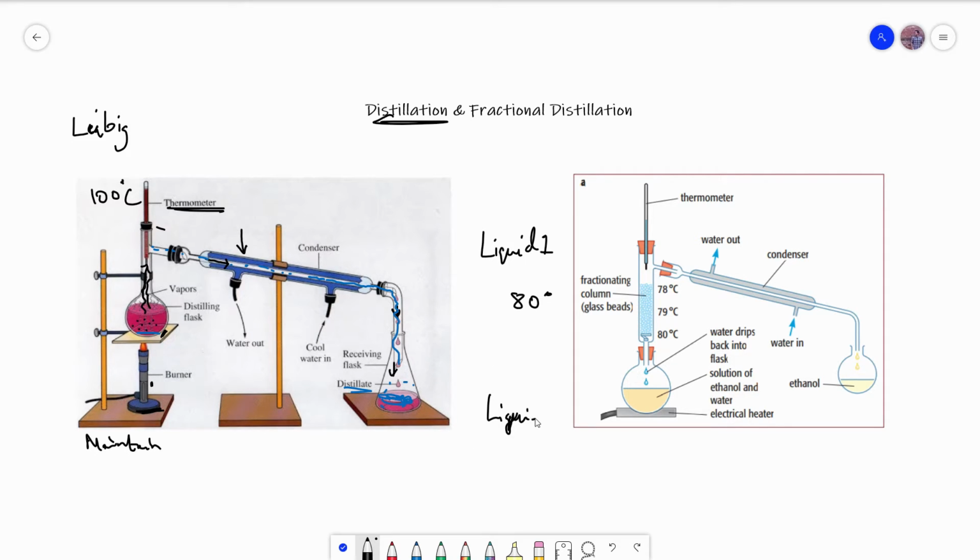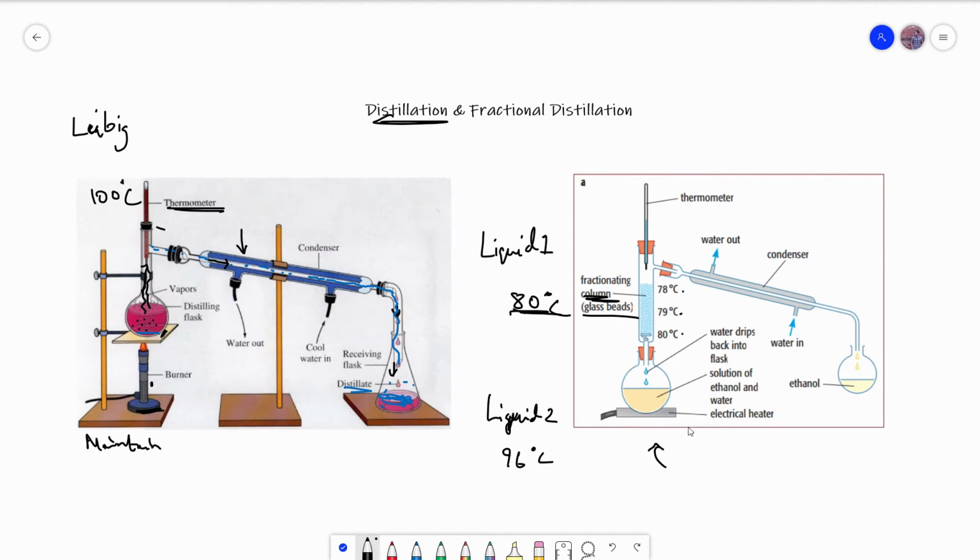So now if you want to separate that, what you can do is set up the same apparatus here, except with a fractionating column over here with glass beads, which keeps your cooling at a more efficient level. And you can set the temperature to 80 degrees Celsius, which is the boiling point of your first liquid, right?